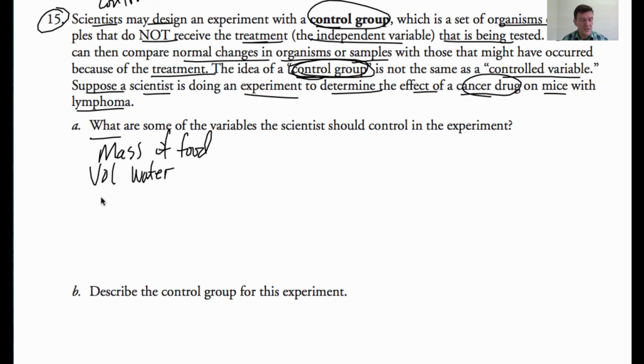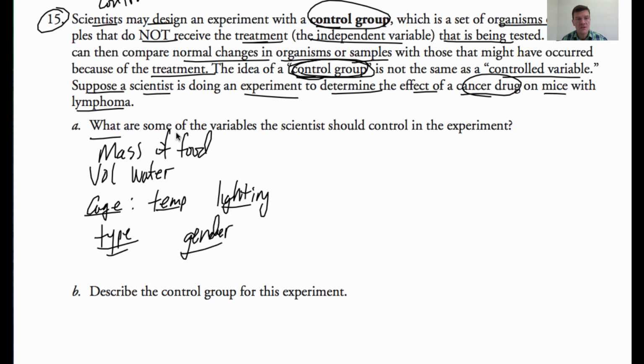You want to control the environment that they live in. Are they in a cage? Do they have a big cage to roam around in? Okay. The temperature that they live in, the lighting that they have. All of these you want to make sure are controlled. You also want to make sure that the type of mouse is the same for all of your experiments, and probably the gender as well.